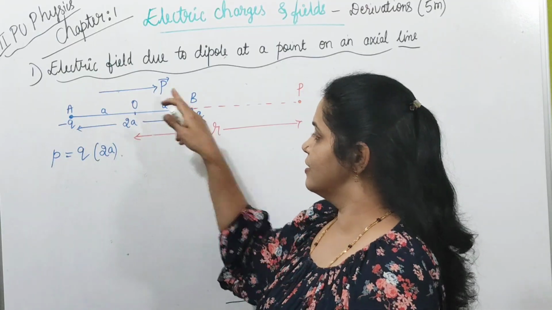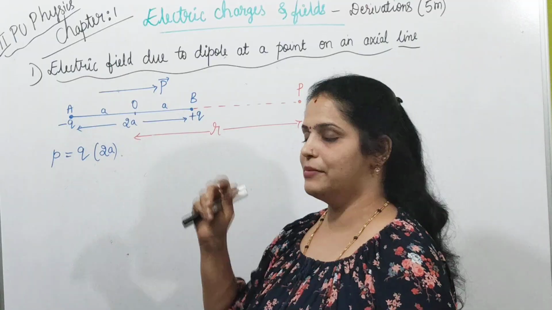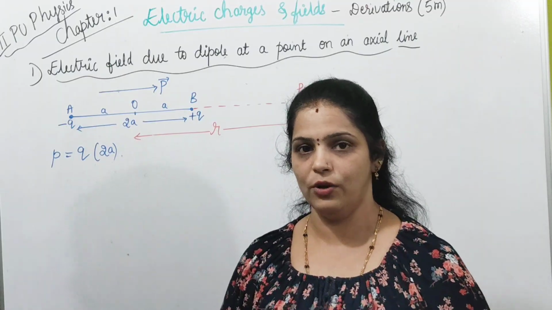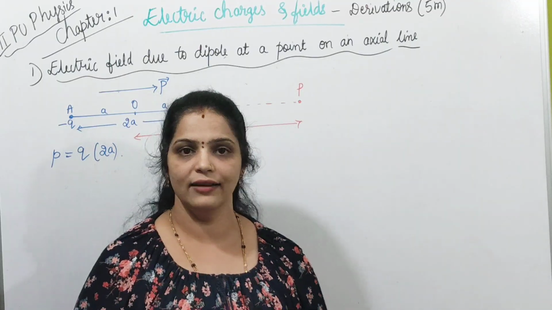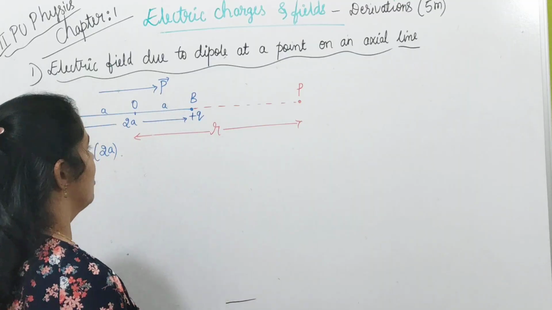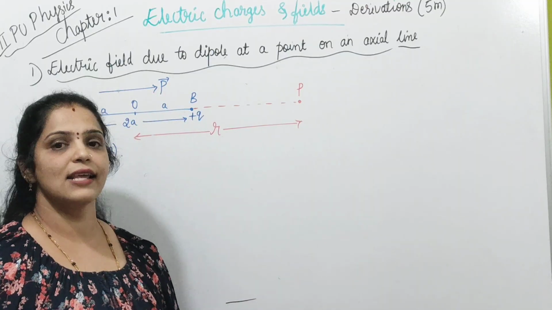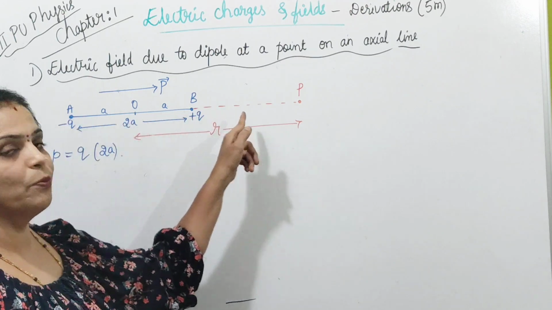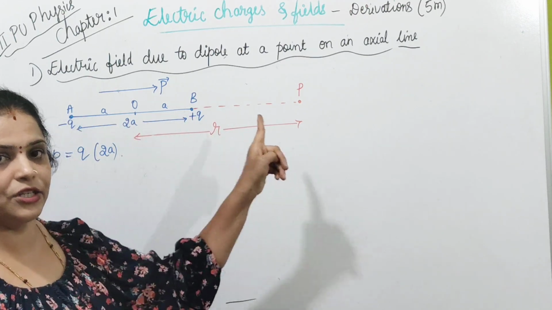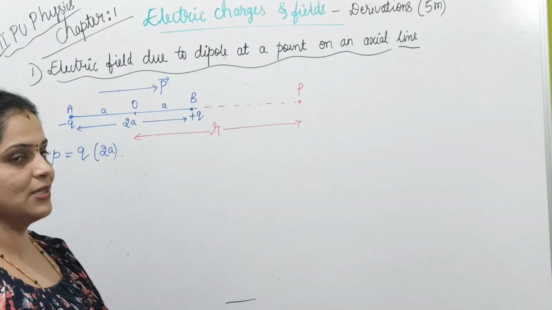So this system is called a dipole. Dipole consists of 2 equal and unlike charges. Now, dipole moment is a vector quantity. It acts from negative charge to positive charge. Okay, this is the direction of dipole moment, negative to positive.